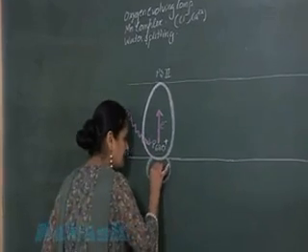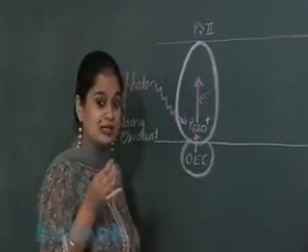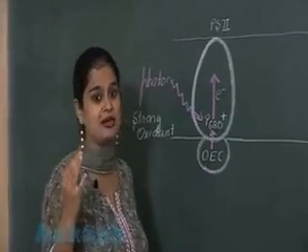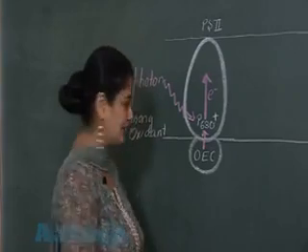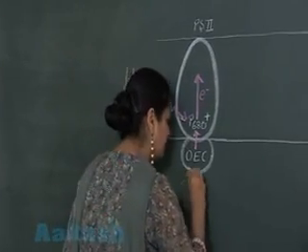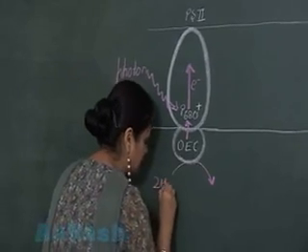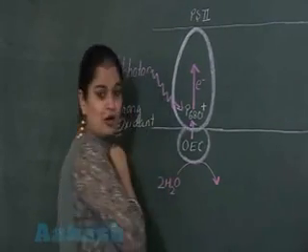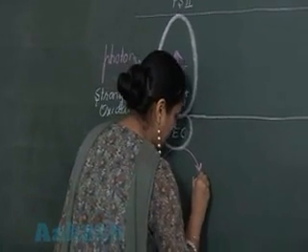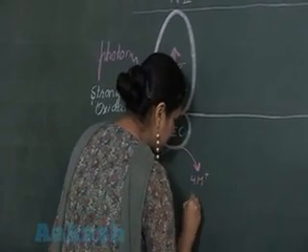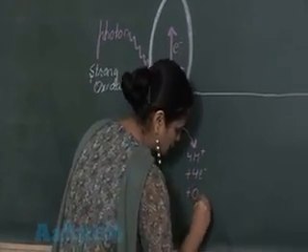The manganese ions present inside the OEC can pick up electrons by splitting of water. If 2 molecules of water are split, this will release 4 hydrogen ions, 4 electrons and 1 oxygen molecule.